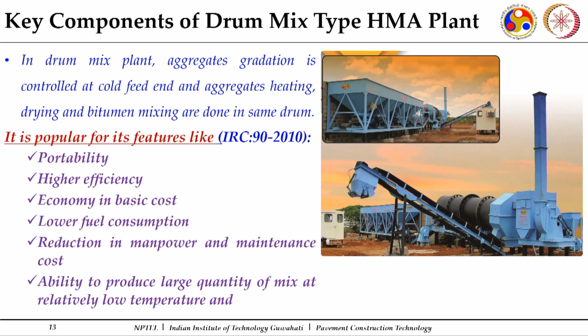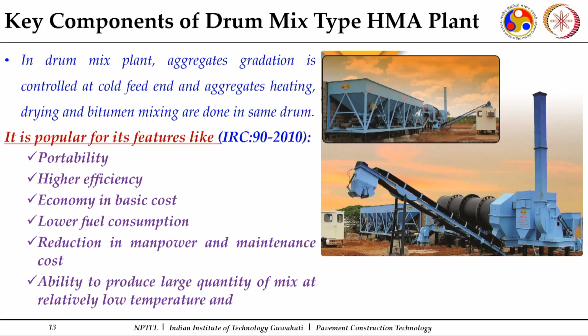Now, there is another type of hot mix plant that is quite popular, the drum mix plant. Normally, batch mix plants are installed because they have a higher capacity. Usually their installation cost is a bit high and their maintenance cost is a bit high, but their gradation control is quite good. So, specifically for big projects where the production capacity is to be high, we always prefer a batch mix plant.